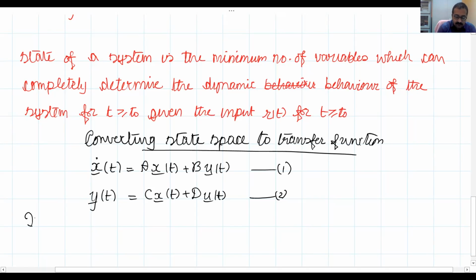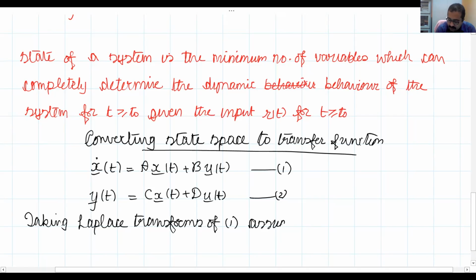Taking Laplace transforms of 1, assuming 0 initial conditions, what do you get? sX(s).